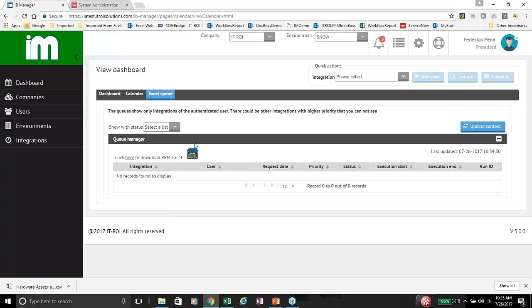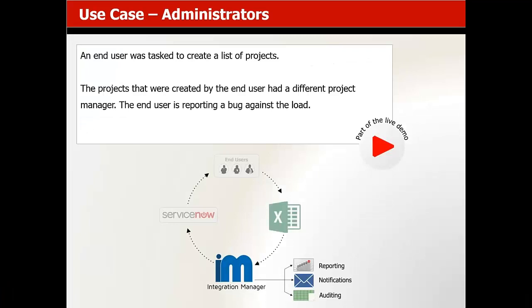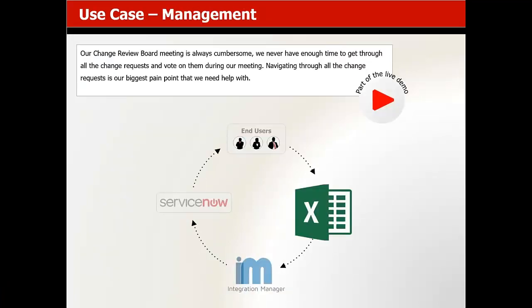I'm going to go into the next use case, another very common one. This is more of a management view. How many of you go into meetings like a CRB, a change review board meeting, where somebody says, "We'll pull out all of the change requests that are in the environment and go through them, approve the ones and make notes on each one"?